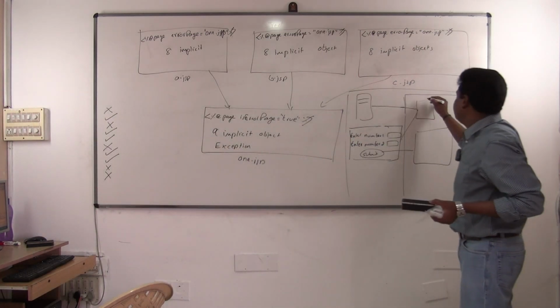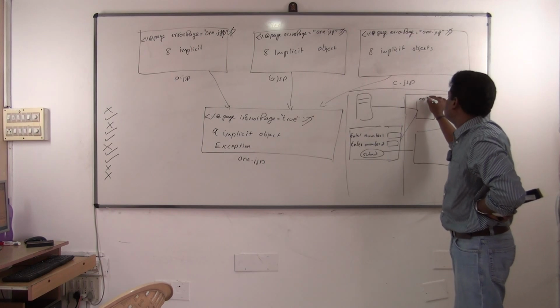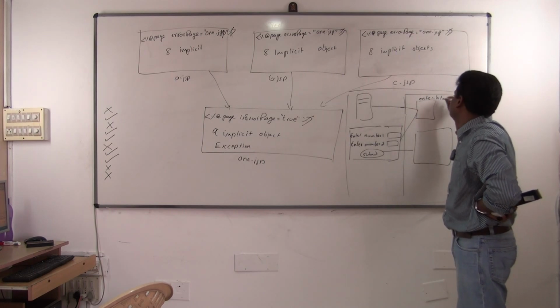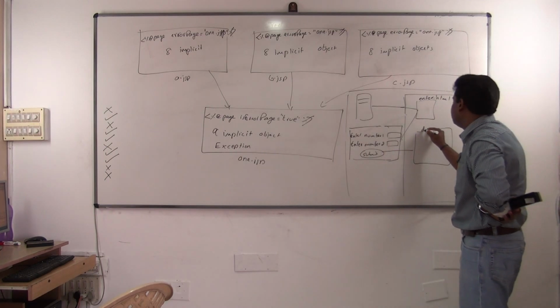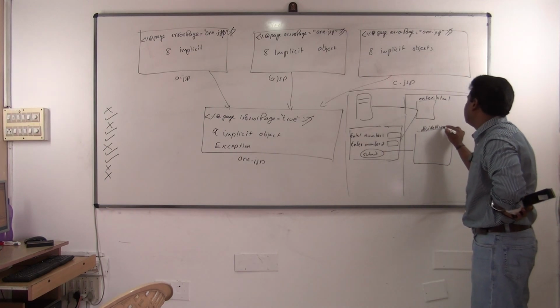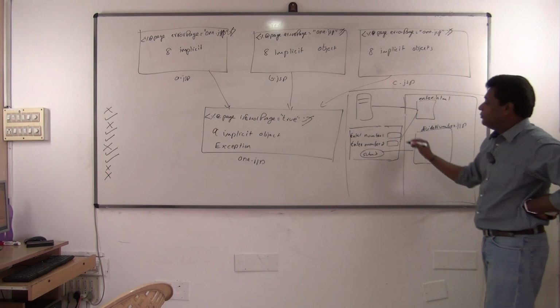This HTML name I have given as enter.html. You can give any name, your wish. When you make the request to enter.html, it will display this. And this name I have given as divide number.jsp.